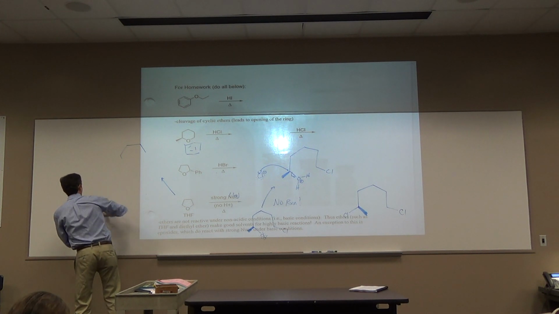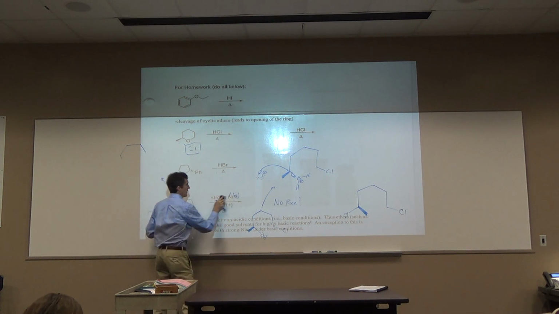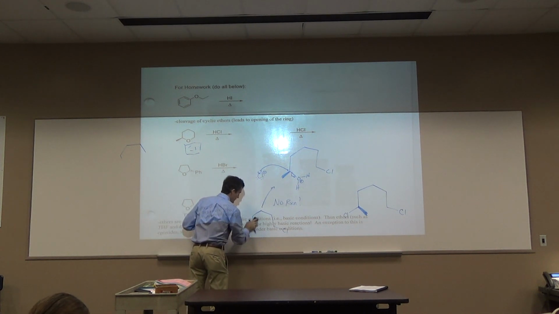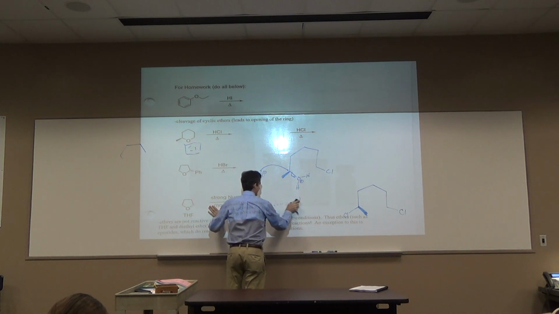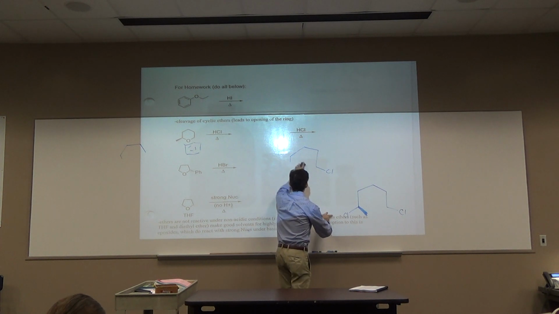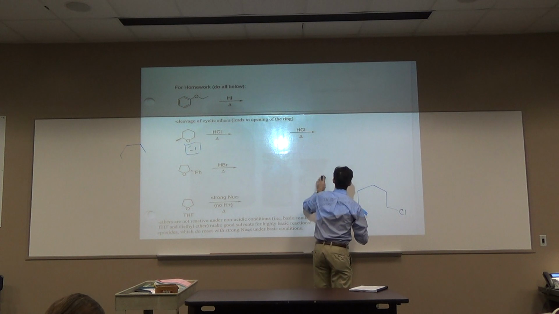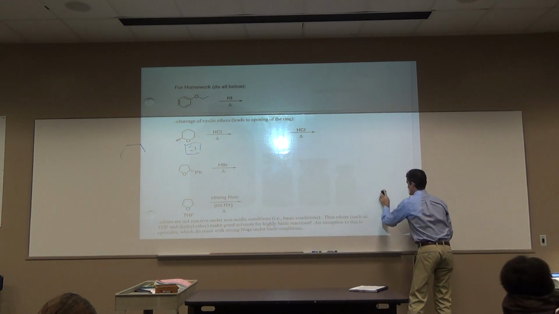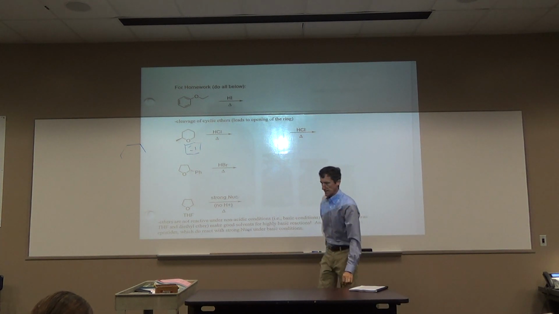Okay, we're moving on to epoxides. Epoxides, this is going to be different. Okay, epoxides are unique. With epoxides, we're going to break some rules, largely because the epoxide is, first off, what is an epoxide?